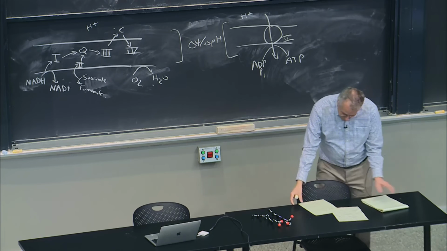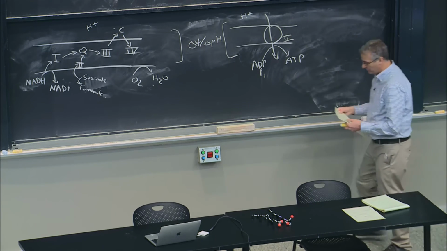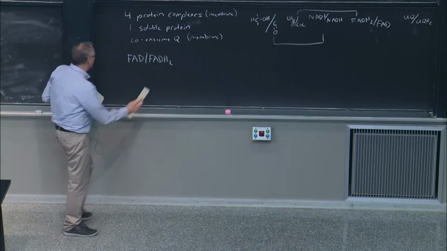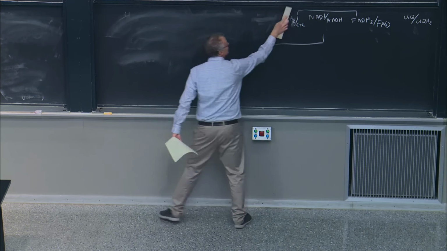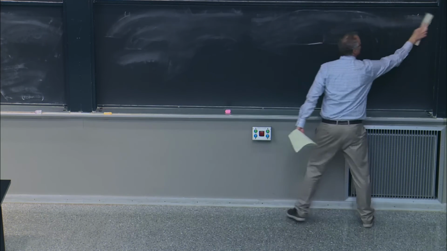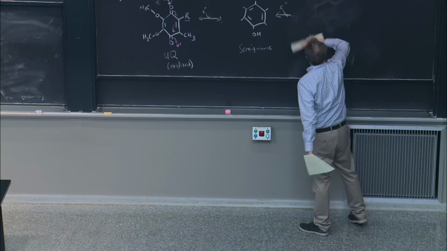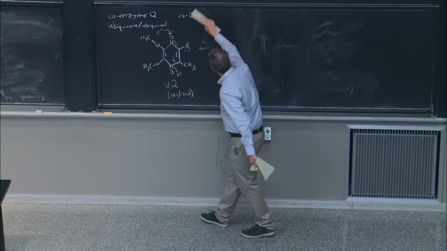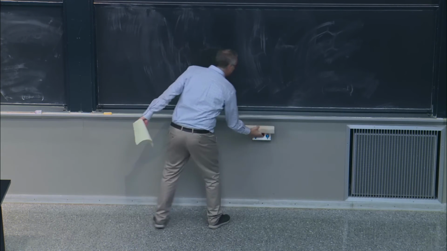All right, how does this complex 5 or ATP synthesis work? So this is also a large protein complex, and it sits within the same membrane, of course, because it has to utilize the membrane potential to function.